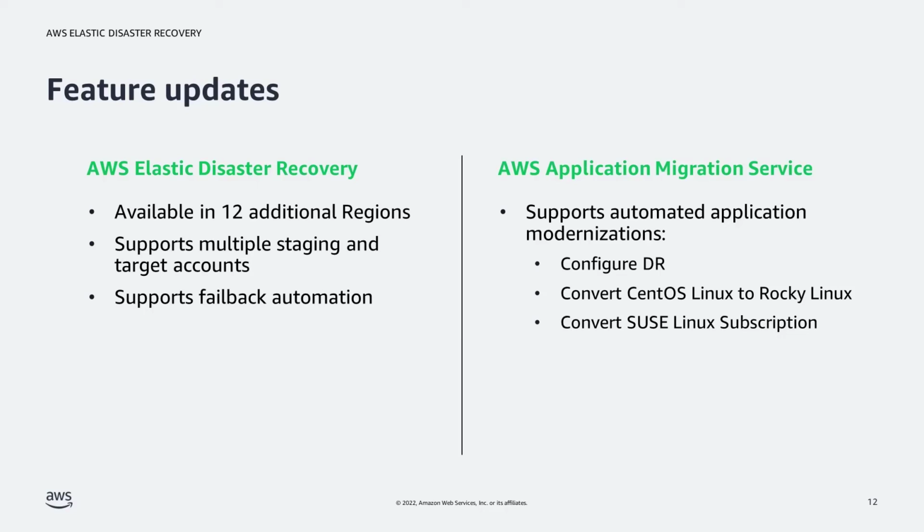One, notably on the Elastic Disaster Recovery side, we've added 12 additional regions to the service. There is more to come later on, so stay updated with us. Another is the ability to support multiple staging and target accounts.